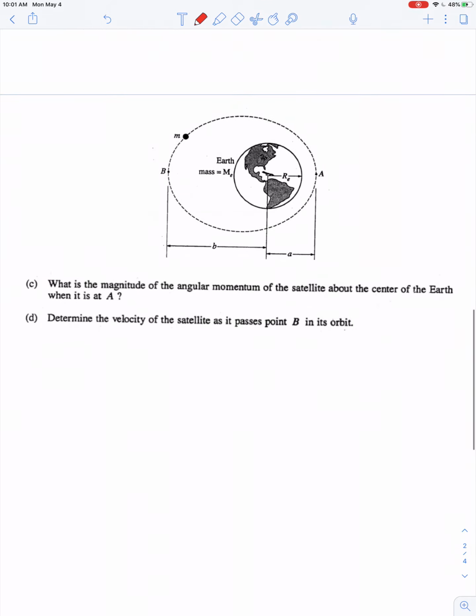Okay, so part C. What's the magnitude of the angular momentum of the satellite when it's at point A? So again, draw in speed v0, with a mass of m. Well, angular momentum is just the cross product of linear momentum and distance. Actually, I think I have that backwards.